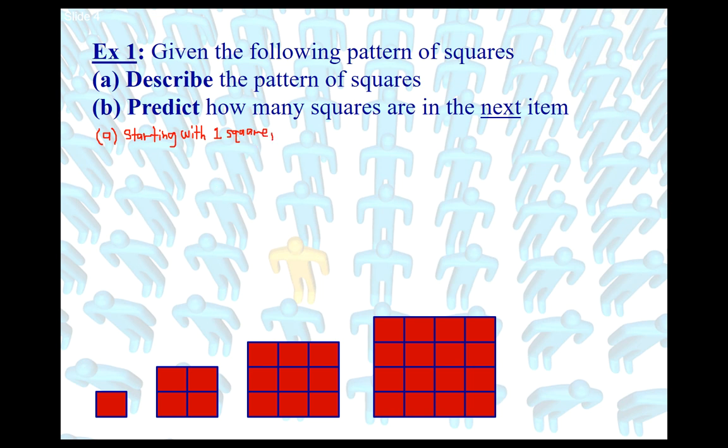Okay, what are we doing to go from this shape here to this one? Well, maybe we should describe it in 2 ways. Let's look at the bottom of the shapes. Let's call this the base. And let's look at the side of the shape, which we'll call the height. So what am I doing every time to the base? I'm adding 1 square to the base.